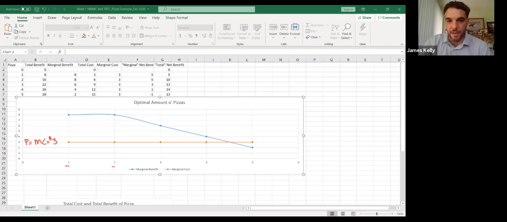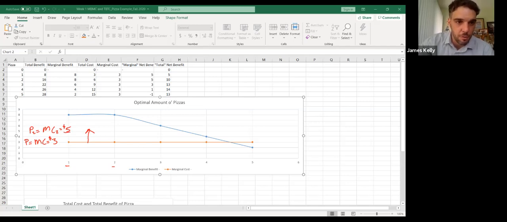The reason I want to make that assumption is that it makes things easier to understand, such as what would happen if the price increased. Let's say the price increases to $5. We'll call this P2, which is again equal to the marginal cost, marginal cost 2, and it goes up to $5. What's going to happen?